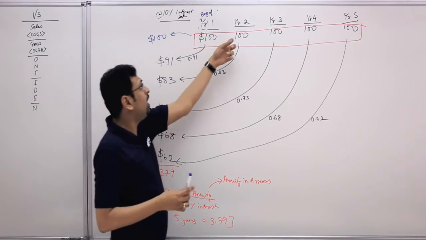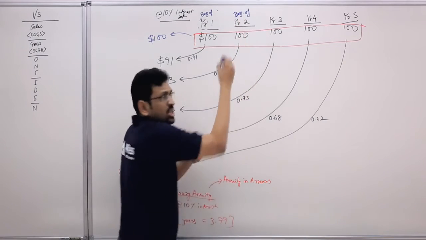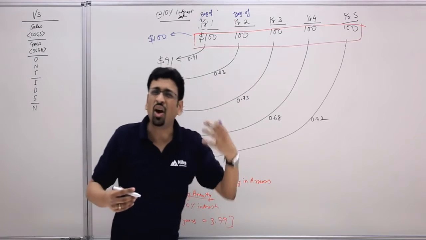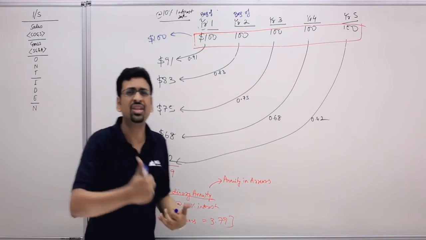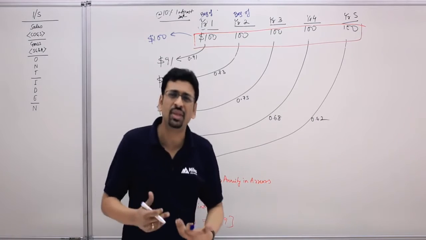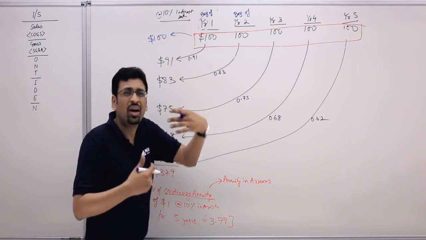Now when I look at the $100 coming in at the beginning of year 2, just to distinguish, I'm using a blue pen. The 1st of January of the second year is more or less the same as 31st December of year 1. So end of year 1 and the beginning of year 2 are sort of the same.